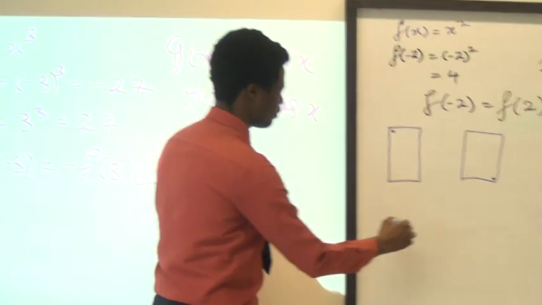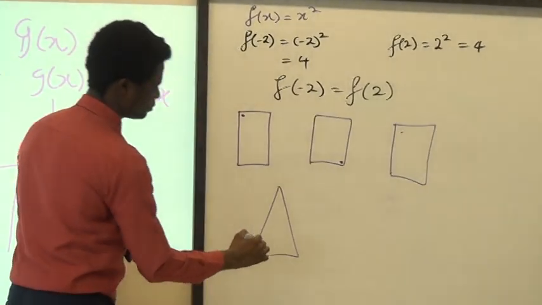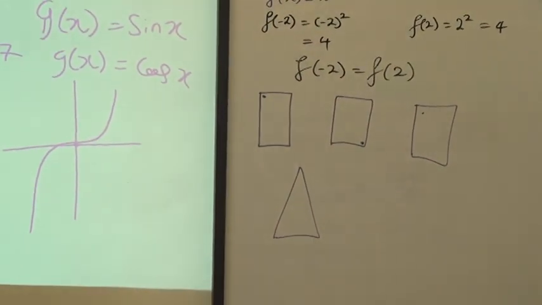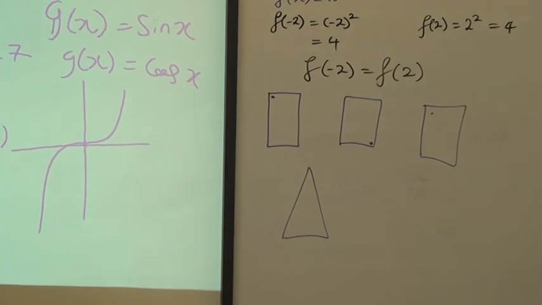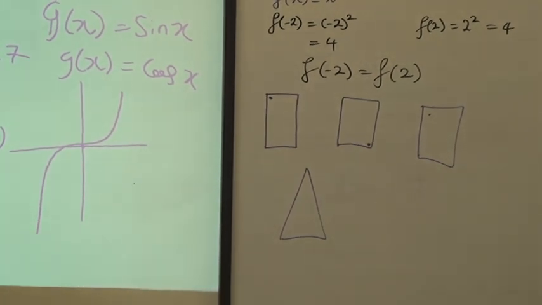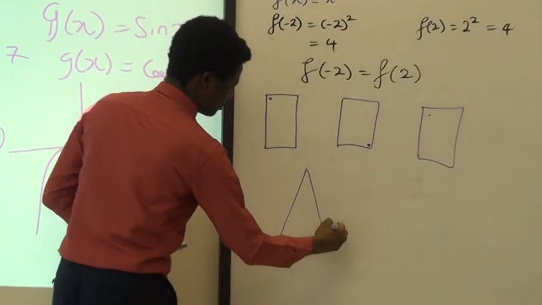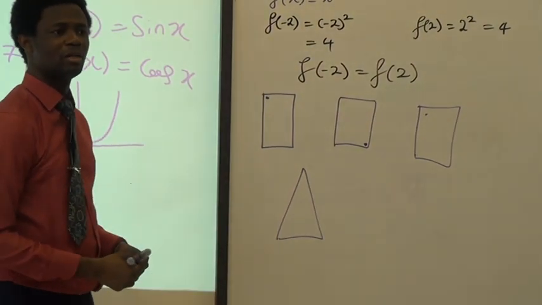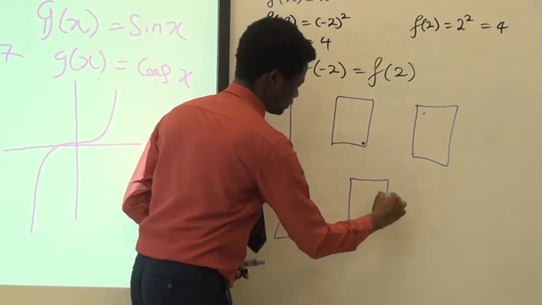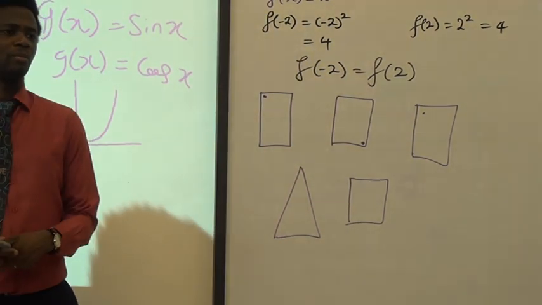Okay? If you have an isosceles triangle, what is the order of rotational symmetry? 1. Because you can only, after you must have rotated 360 degrees. But what about a square? 4. Okay?